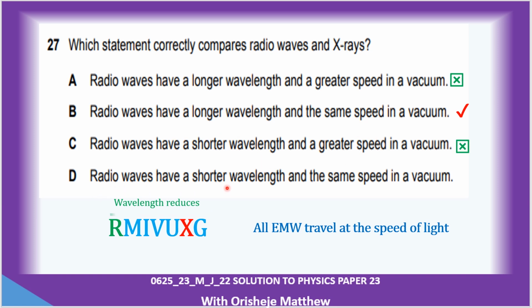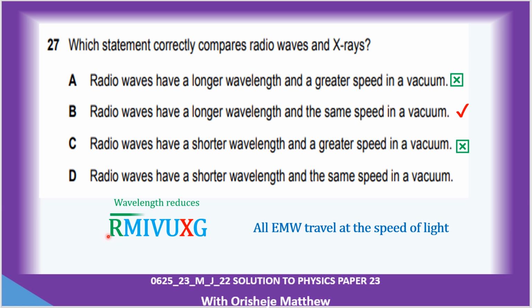Radio wave has shorter wavelength and the same speed in vacuum. It has the same speed, correct? But shorter wavelength, no, it has longer wavelength. This is what I've just shown you. This is the way I normally tell my students to remember the order of the wavelength of electromagnetic waves. Once you remember this mnemonic, RMI, I call it remove G.